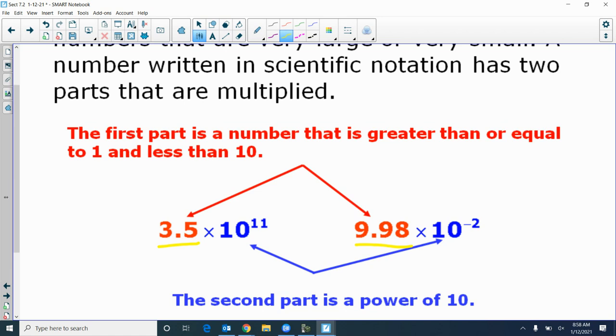So 3.5 is fine, 9.98 is fine. And then the second part is a power of 10. So 3.5 times 10 to the 11th, that's going to be a big number. 9.98 times 10 to the negative second is going to be a smaller number. Not too small, but small. So those are the keys to scientific notation.